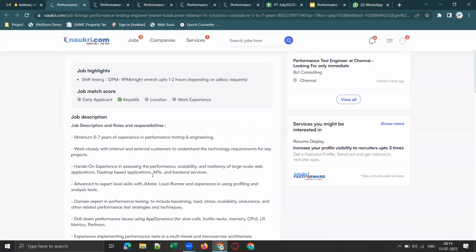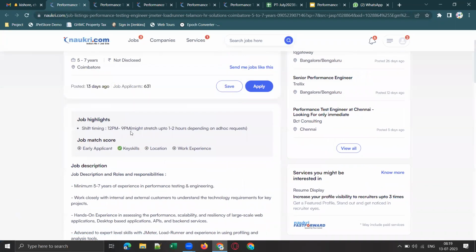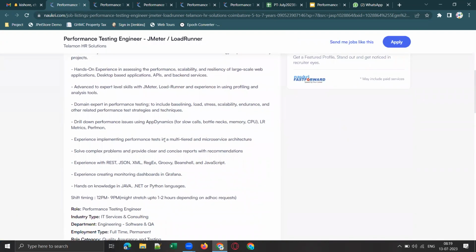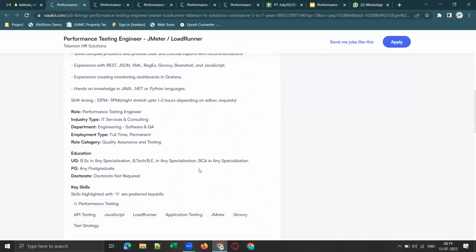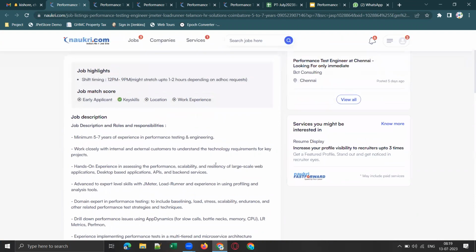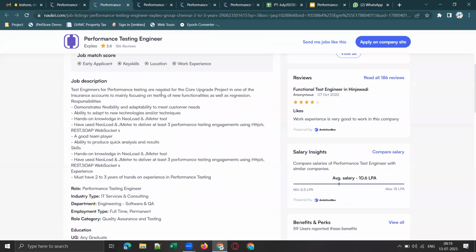So you see over here, right? In this particular JD, somewhere in the title itself, they are asking for LoadRunner and JMeter, isn't it? You see over here, JMeter, LoadRunner, right? And then JMeter, isn't it?